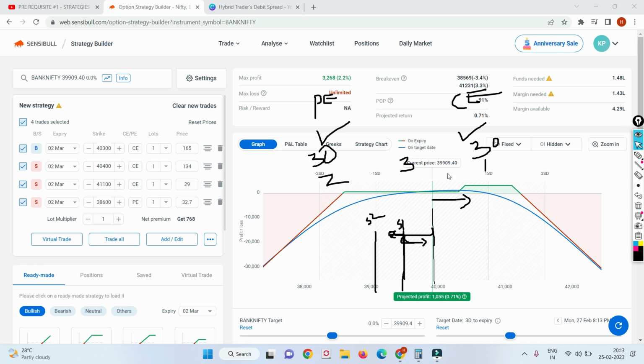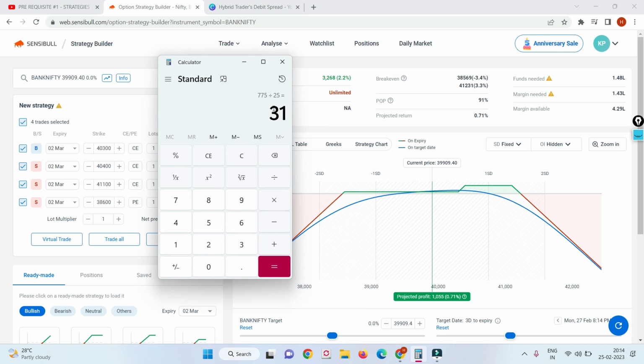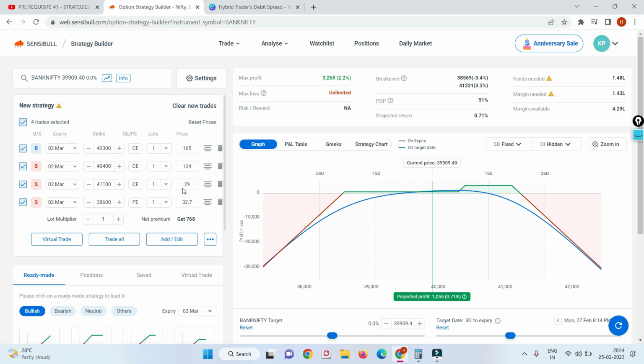If you are confused, you can go for the third option, which is both your call sell and put sell. But looking at the calculator, we are supposed to collect only 30 points, while here you are collecting 30 plus 30, 60. That's the reason your trade is showing zero. In fact, you'll get some good profit if the trade goes in your favor. So you still have the option of getting 2.2%.